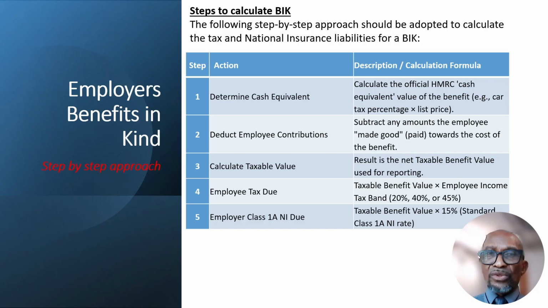Once you get this value, that's step one. Step two is for you to see your personal contribution, any amount you made good for that benefit. If you deduct that from the total benefit, the balance is the benefit that is taxable on you.